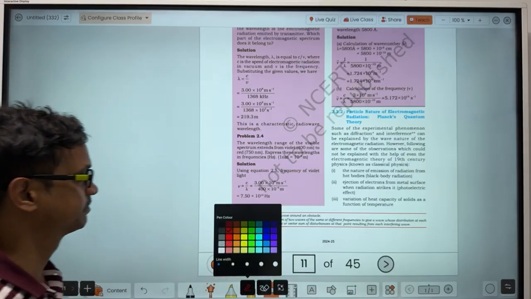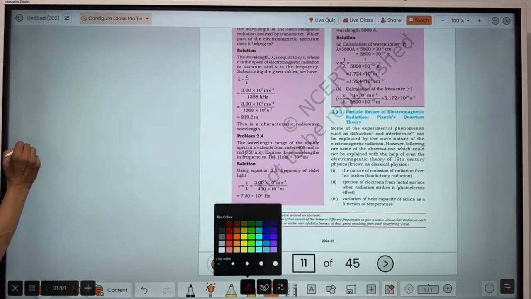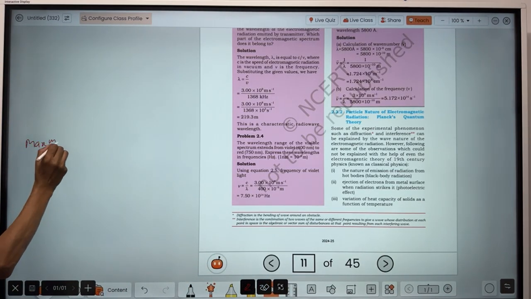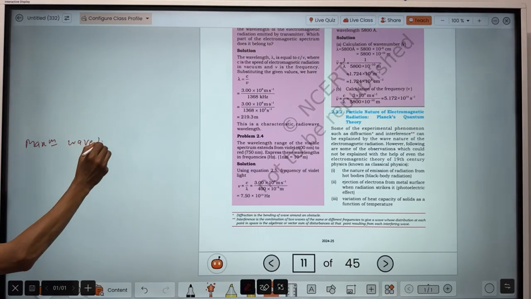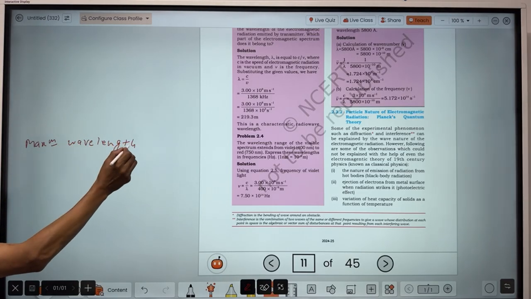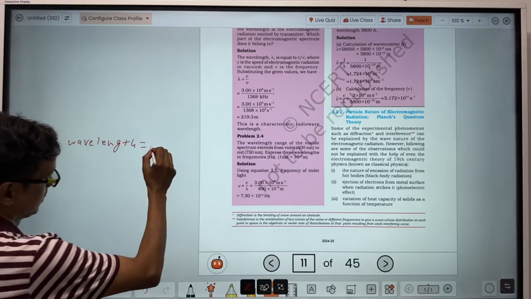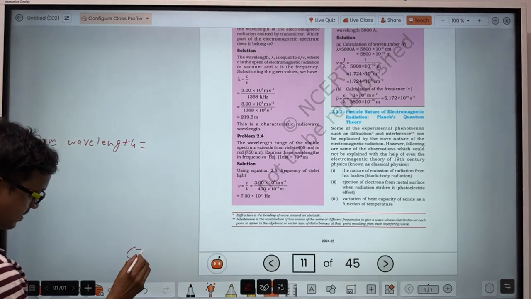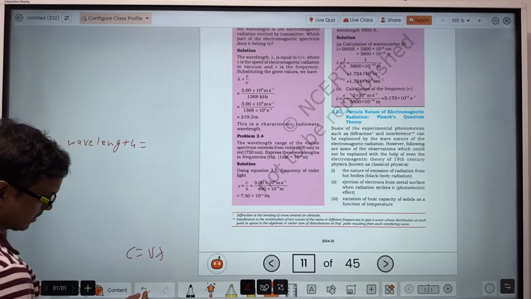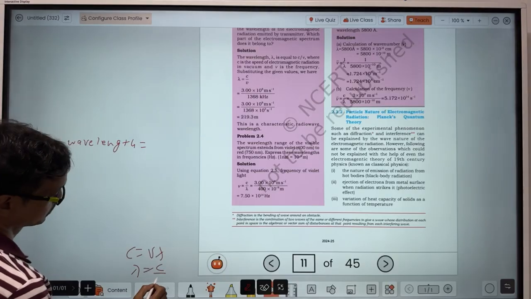So first, what is the maximum wavelength? You already know C equals nu lambda, so lambda equals C upon nu.